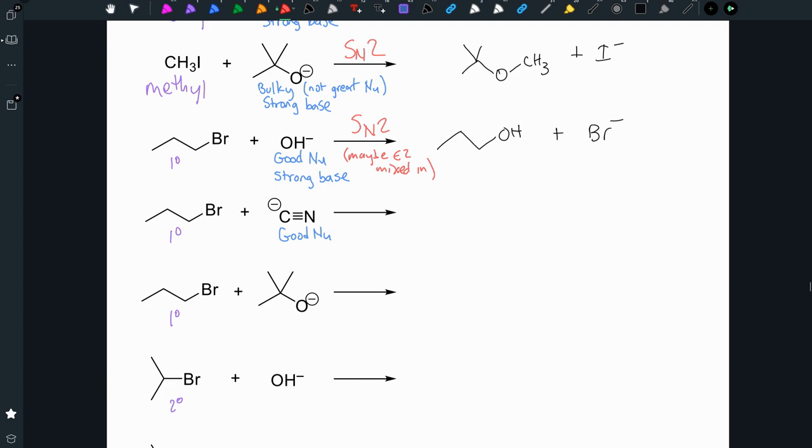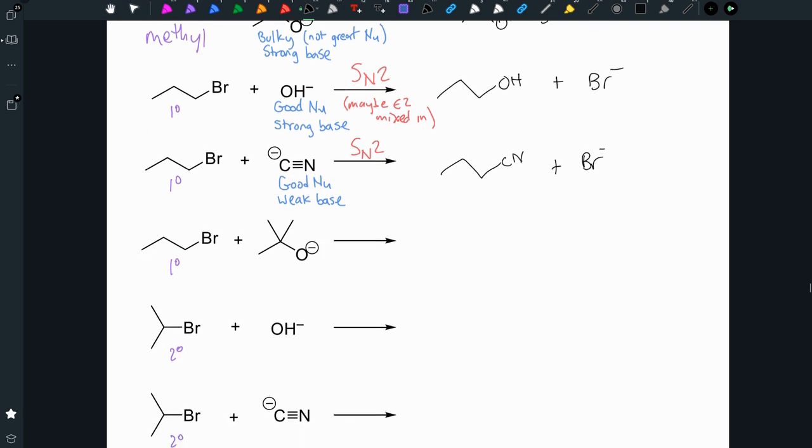In the next one, I have CN minus, which is a good nucleophile and a weak base. So there, I'm not even worried about E2. That's going to be SN2 all the way. Now I have the third case with my primary substrate, and now I have a strong, bulky base. That's going to make it hard to do SN2.